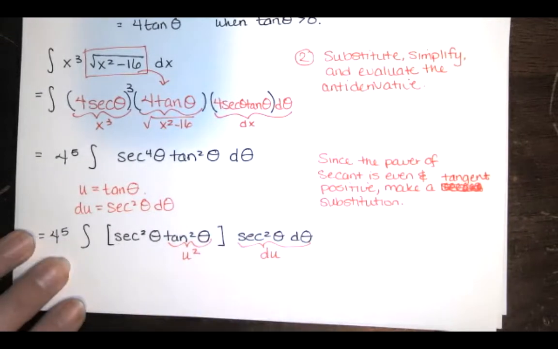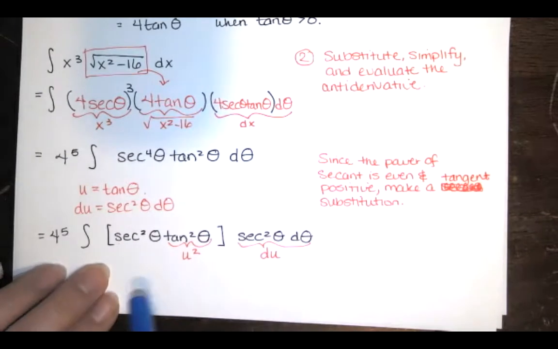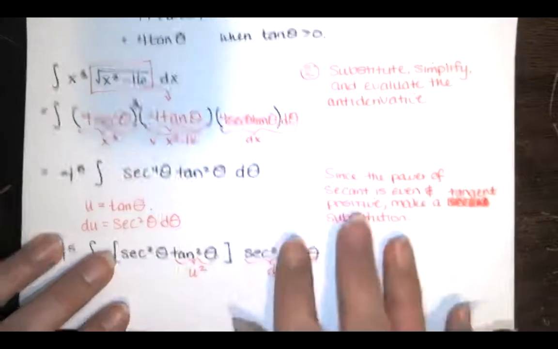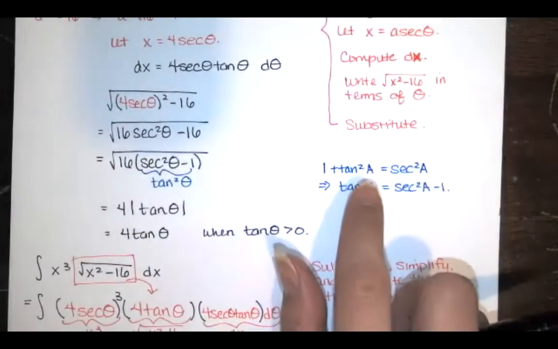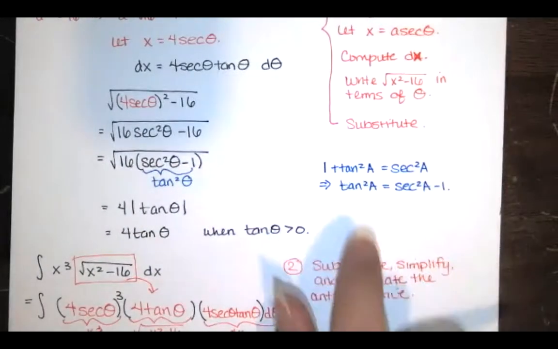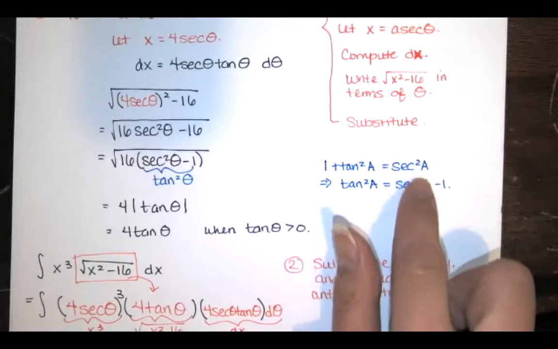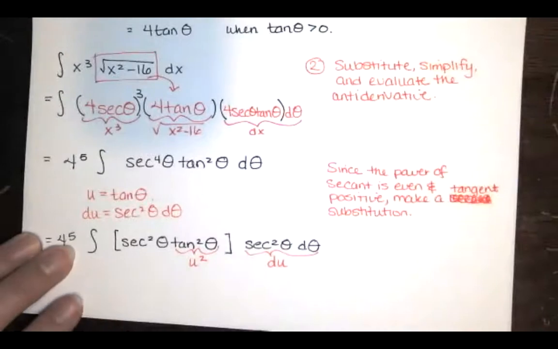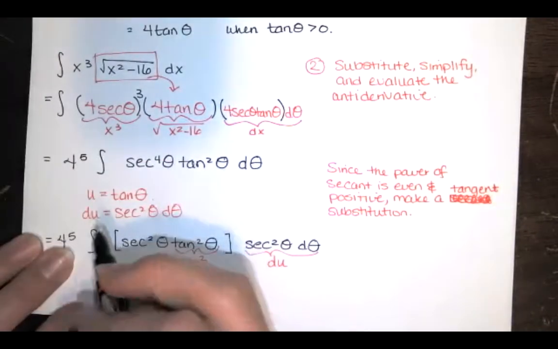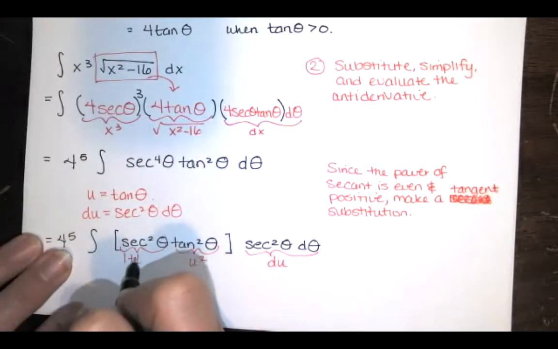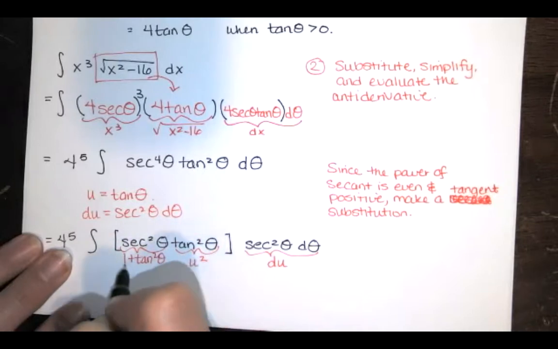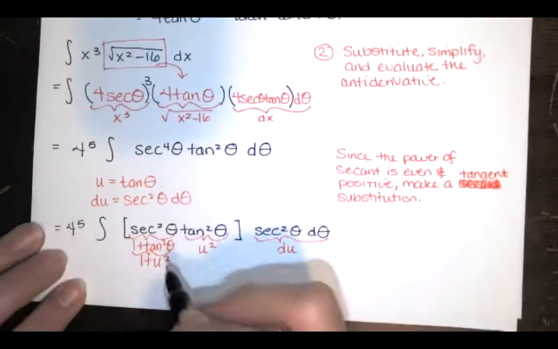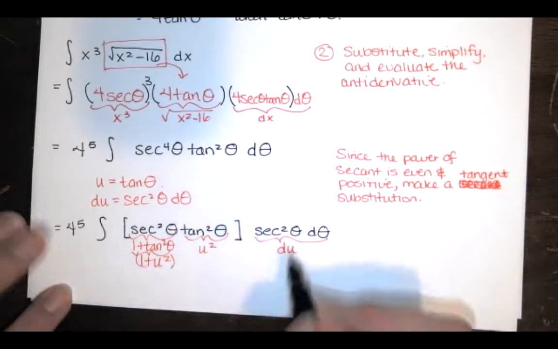And then secant squared can be written in terms of tangent using the same Pythagorean identity that we used earlier. Secant squared of an angle is the same as 1 plus tangent squared of the same angle. So this is 1 plus tangent squared theta, and tangent is our u, so this is 1 plus u squared. So now I've got 1 plus u squared times du.